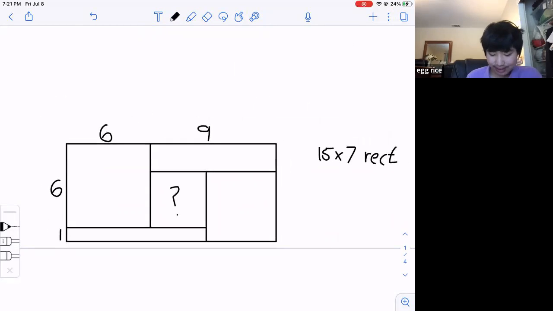But let's think about it. How do we proceed from here? If anyone has any ideas, you can just shout it out, because it's a hard problem.